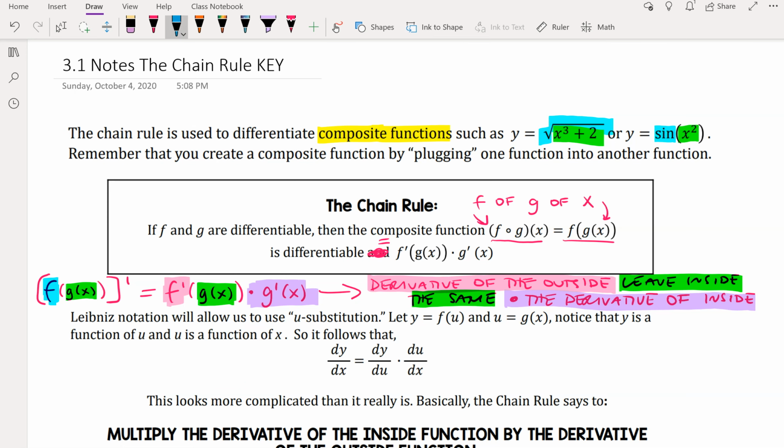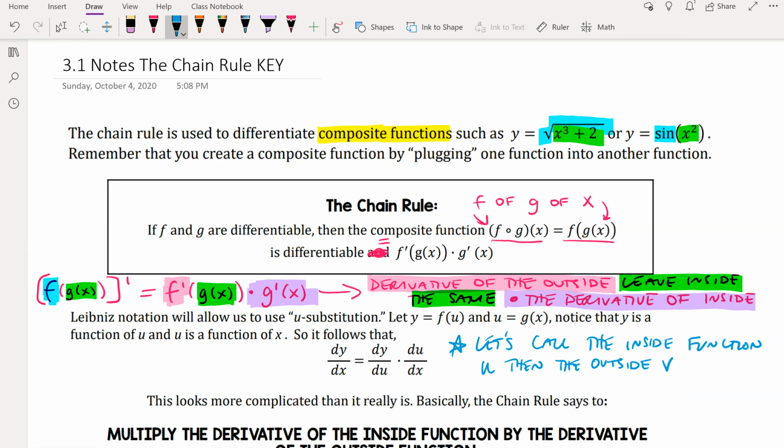So all you really need to write down here is, let's call the inside function u. So write that down. We're going to call the inside function the letter u. And then the outside is going to be v.